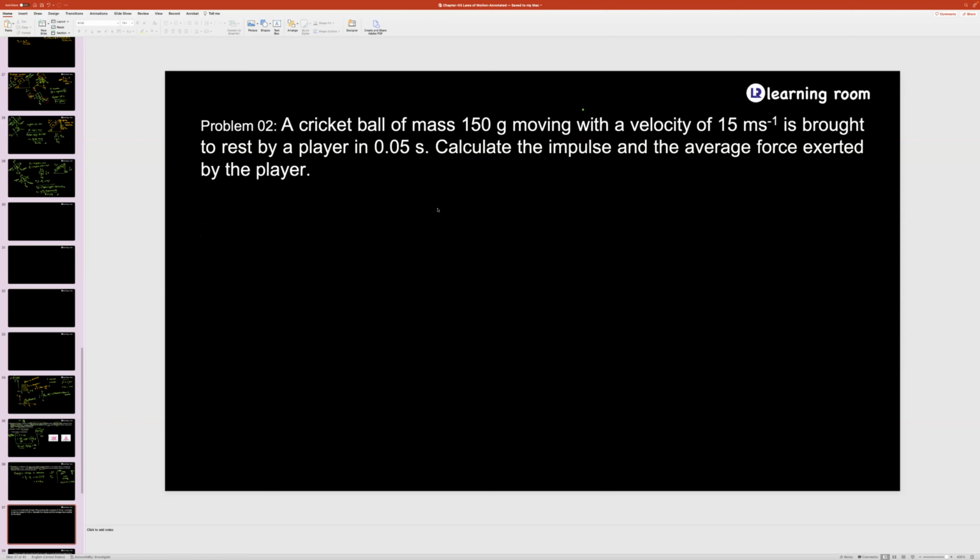A cricket ball of mass 150 gram moving with a velocity of 15 meter per second is brought to rest by a player in 0.05 second.